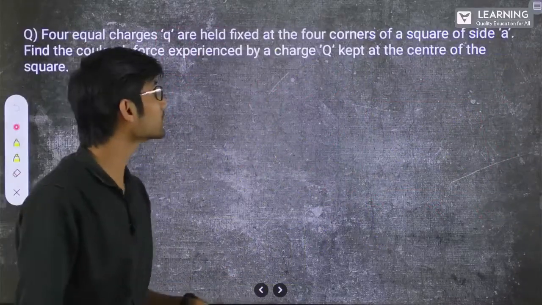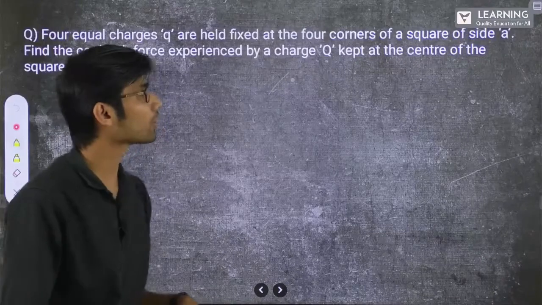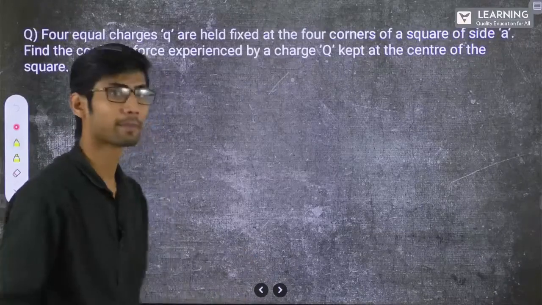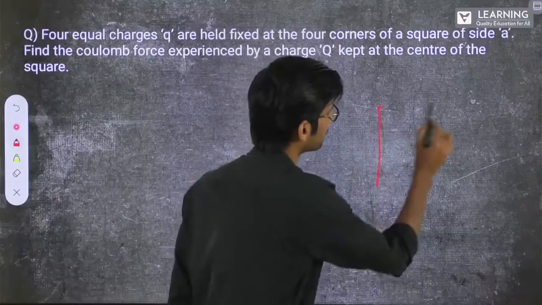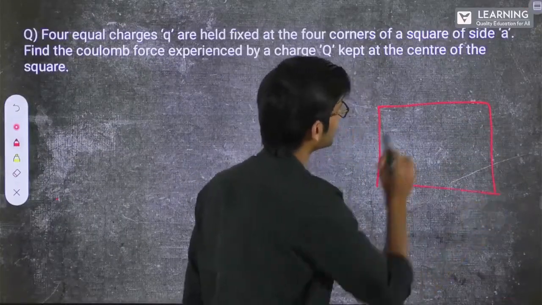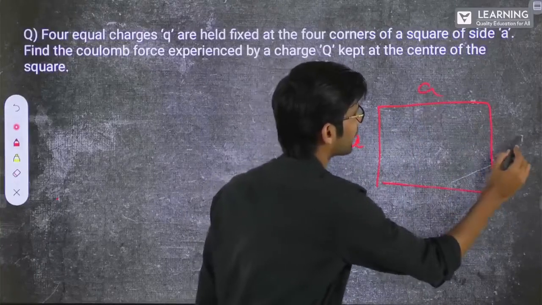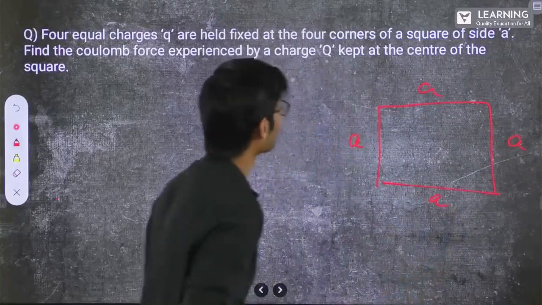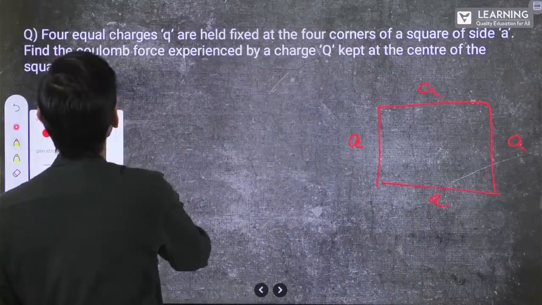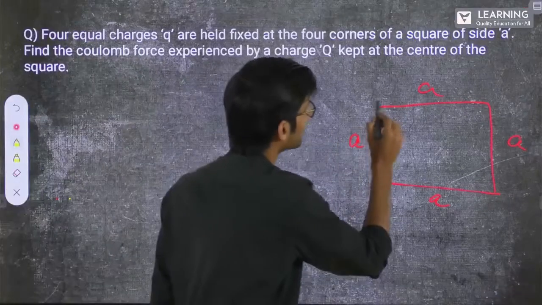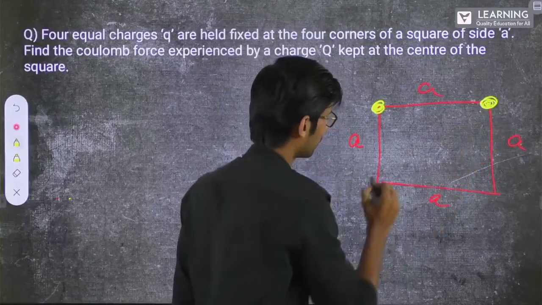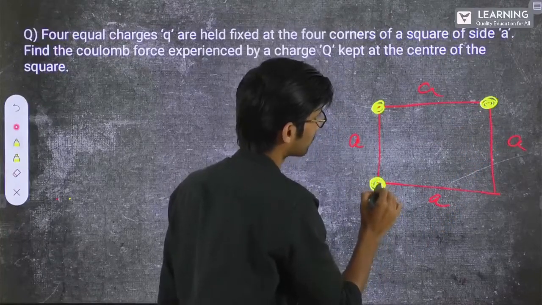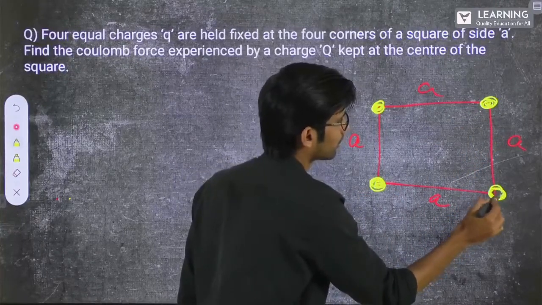Four equal charges Q are held fixed at the four corners of a square of side A. Again, they are telling us there is a square. The side is A, and four equal charges Q are kept at the corners.